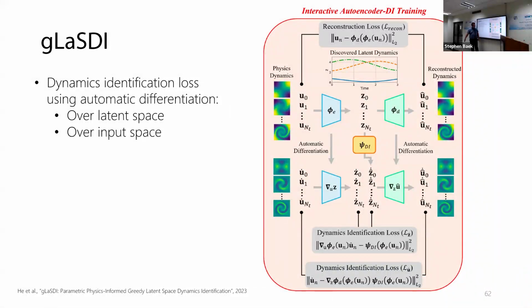That is the first part of the dynamics identification loss. The second part is directly comparing the u dots, right? So u dot computed directly from the original field, the velocity field computed directly from the original physics, versus the velocity field reconstructed by the Jacobians of the autoencoder. And that needs to be the same, which is the second part of the dynamics identification loss.